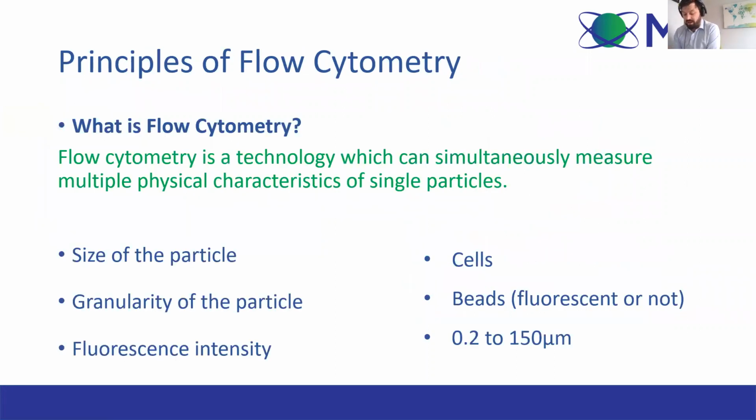So this is a slide from that previous webinar, but I think it's good to pop it up here again so we can refresh ourselves on what exactly flow cytometry is. Flow cytometry is a technology which can simultaneously measure multiple physical characteristics of single particles.